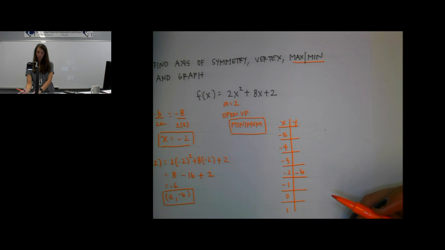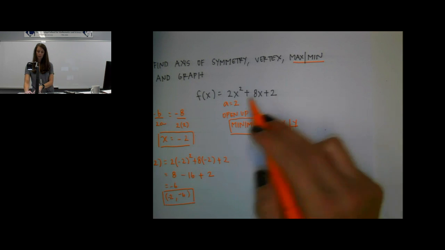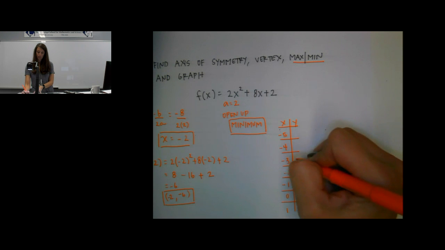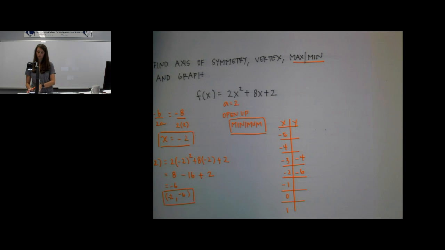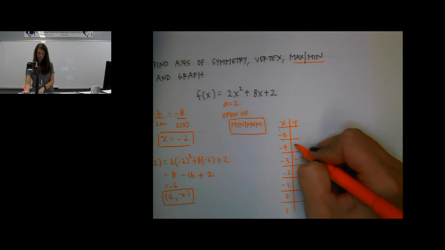If I plug a negative 3 in there, negative 3 squared, so what's that going to give me? A negative 4. If I plug a negative 4 in there, that's a negative 4 squared times 2 plus an 8 times a negative 4 plus a 2, so it's going to give me a positive 2.